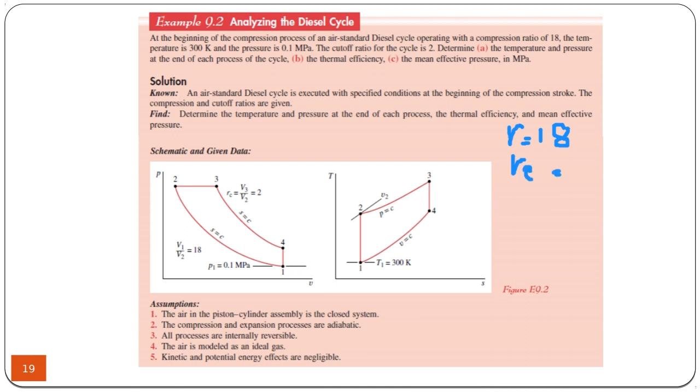The inlet pressure is 0.1 megapascal, which means it's atmospheric. Then the inlet temperature is 300, a typical temperature.